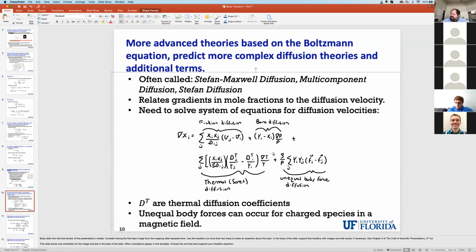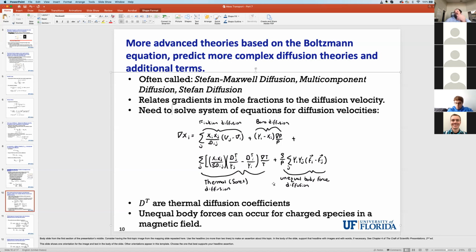There's a term here called Soret diffusion. I will discuss that a little bit later on. It's not fully well understood what causes that. It's a so-called second order term, but it is the transport of mass caused by temperature gradients, and it is really weird. And there's also an additional unequal body force diffusion term.